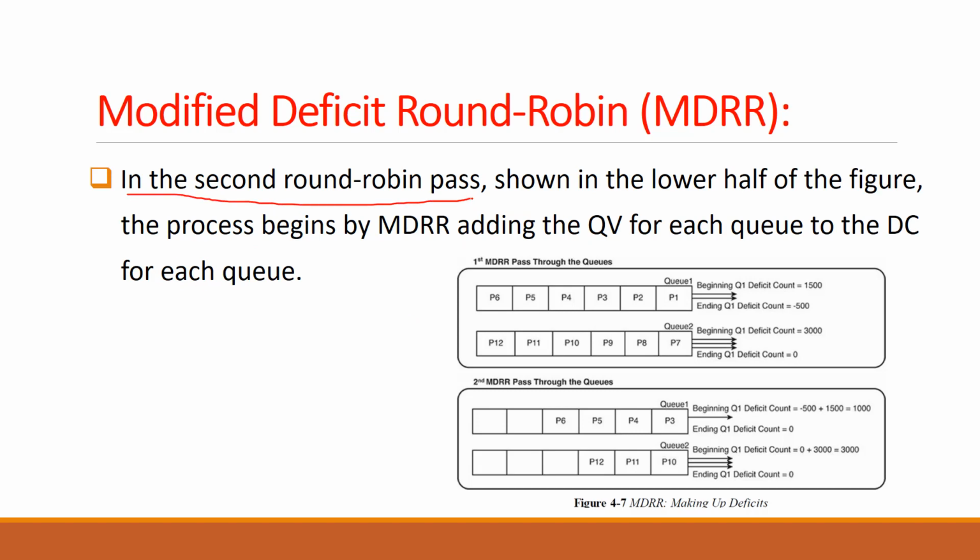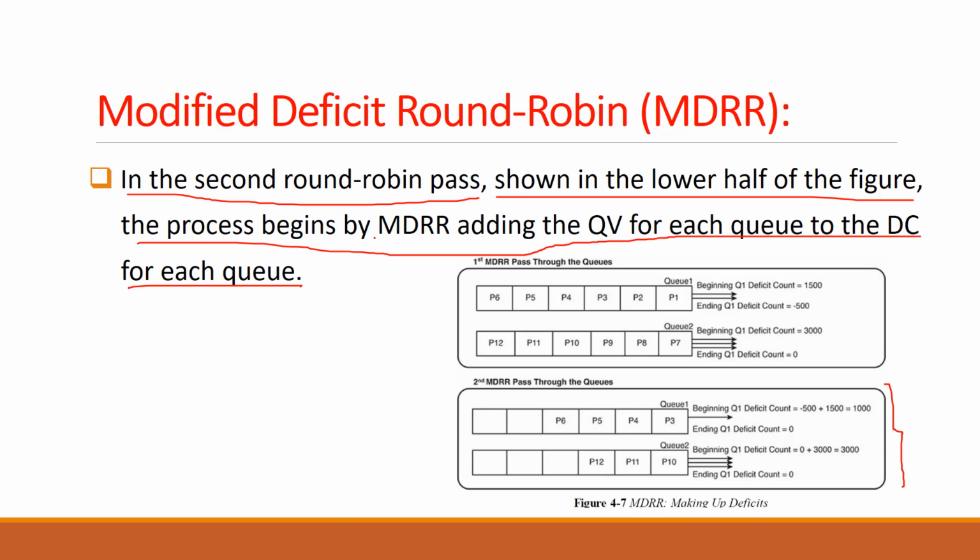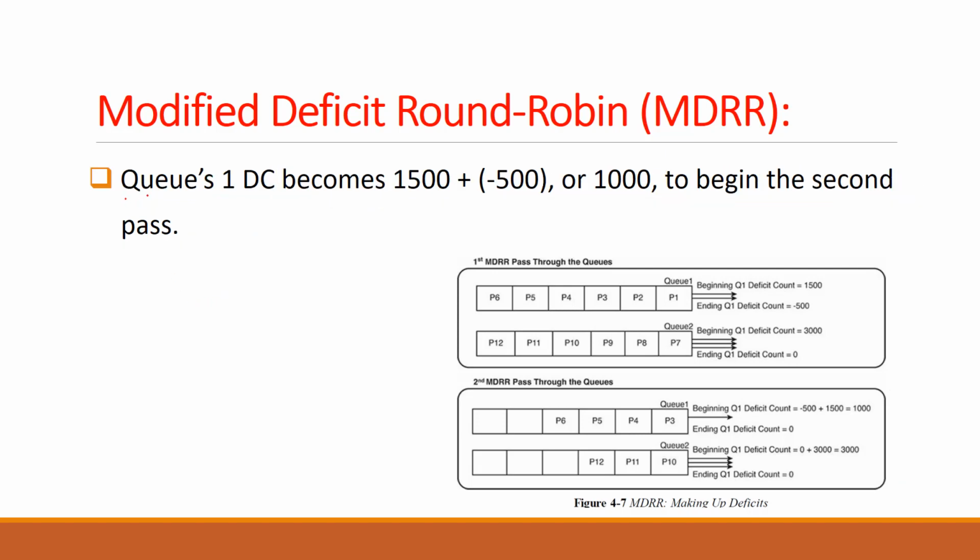In the second round robin pass, shown in the lower half of the figure, the process begins by MDRR adding the QV for each queue to the deficit counter for each queue. Queue 1's deficit counter becomes 1500 plus minus 500, and the end result is 1000 to begin the second pass.